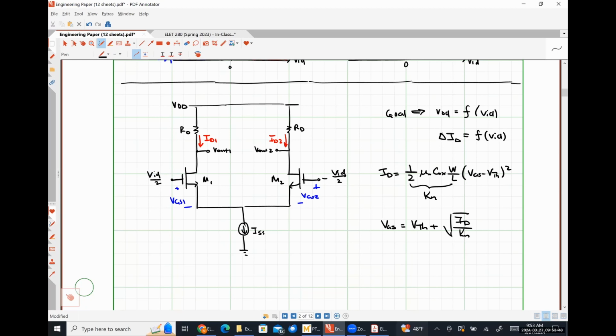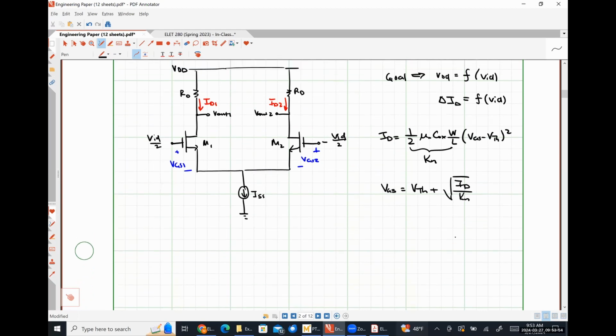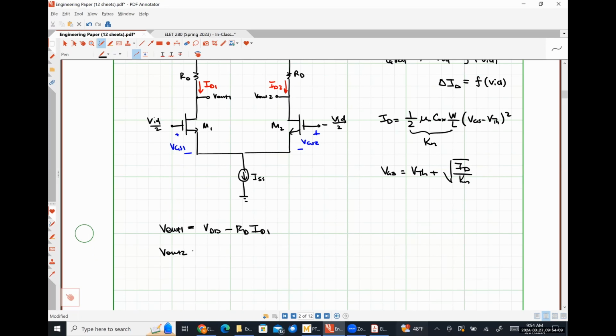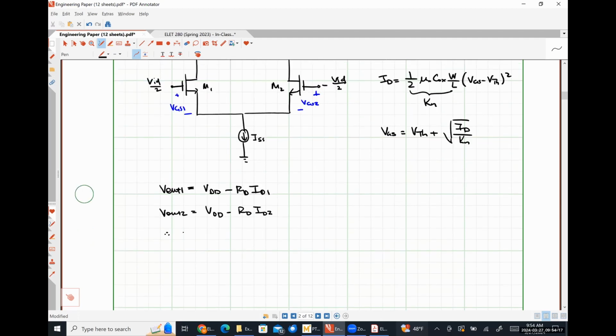All right, so let's start by looking at our output voltage, much like we did for our BJT device. So V out 1 is just going to be VDD minus RD ID1. V out 2 is going to be VDD minus RD ID2. And from this, our differential output voltage VOD is just the difference between V out 1 and V out 2.